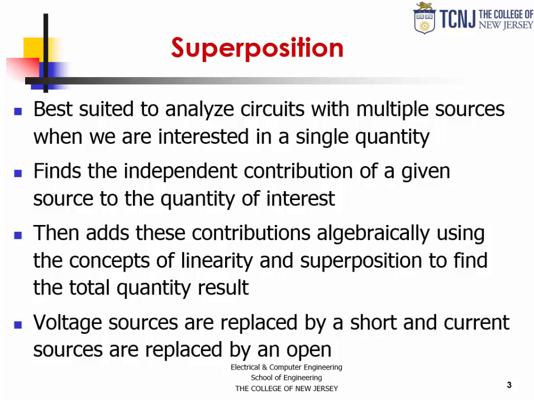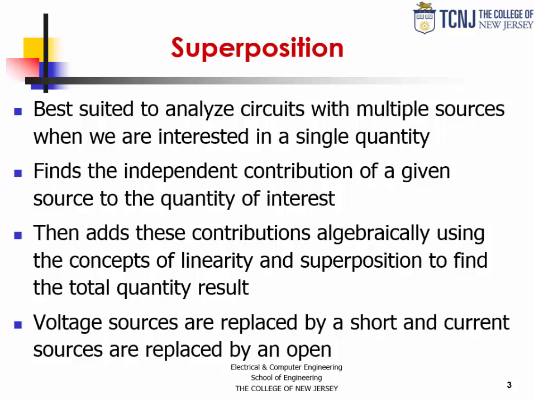When I'm finding the partial contribution of a source to a specific quantity, I'm going to replace all the other voltage sources with a short, because that is the internal resistance of an ideal voltage source.